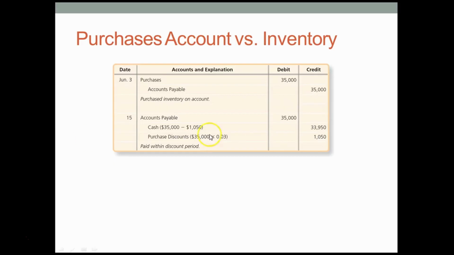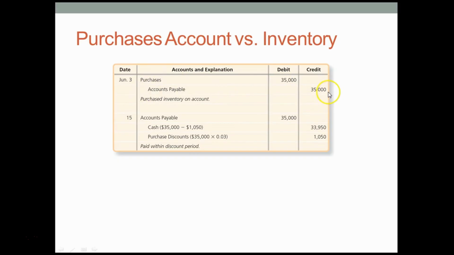So you have what's known as the purchases account. Whenever you buy inventory, you're not going to add it to your merchandise inventory balance as we were doing previously. Instead, we have this new account called purchases, and the rest of it is the same.